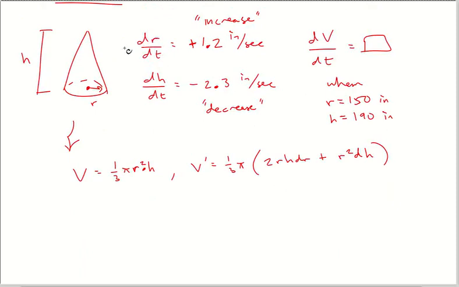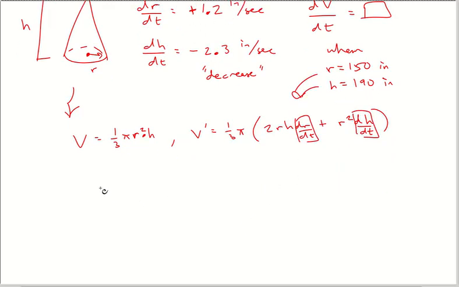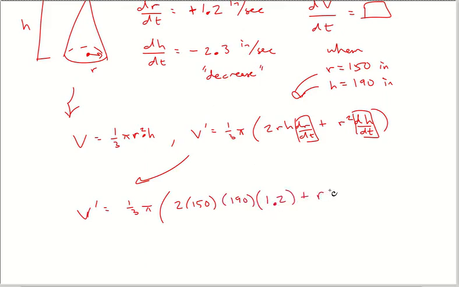Well, we have. I know I have dt here, so if you really wanted to put a little dt underneath of these guys, that's fine. It's the same thing. So this guy and this guy are going to be these numbers. These are going to be plugged in as well, and that's my final answer. So here we go. V prime at all these points is 1/3 pi times 2r h, and then times dr dt is going to be a positive 1.2 plus r squared.